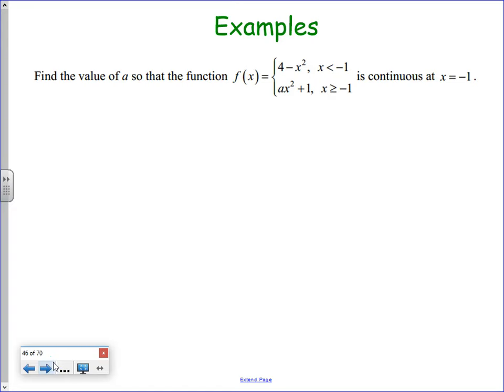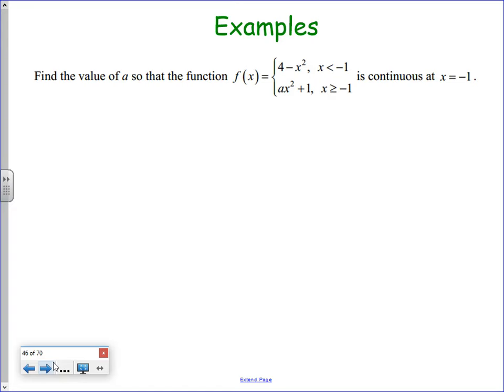Make it continuous. How? Well, he's a quadratic, so if he was the only one, would he have any problems? No. He'd be great. How about him? He's a quadratic. Would he have any problems? No. Polynomials are always continuous. So the only place I could have a problem is, oh, they already told me, -1.